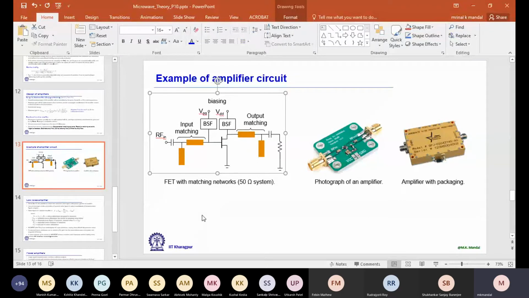Next, what would be the mode of operation? In analog electronics, you learned about class A amplifier, class B, class AB, class C, and there are many more, at least till this point you have learned. It depends on your bias point, Q point, where you are setting it. Accordingly, your efficiency will change.